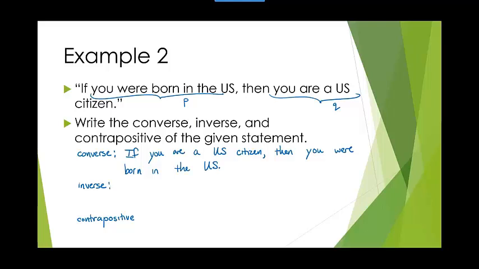Next, the inverse is where you just negate each part of the sentence. So keep the same order as the original sentence. If you were not born in the US, then you are not a US citizen.